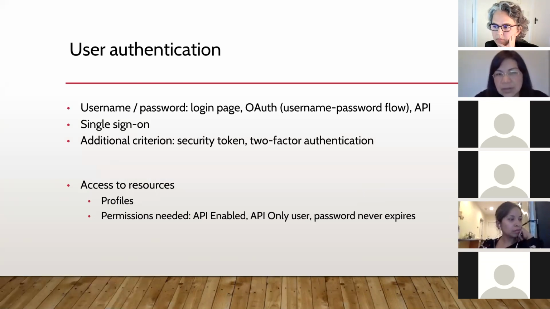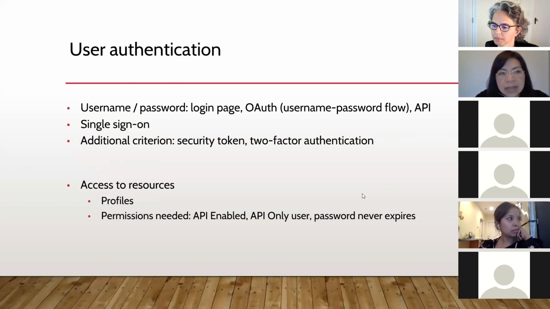For example, you can ask that the user provides a security token or a two-factor authentication. This can be seen sometimes when you are a user in Salesforce and you are sent a 4-digit security code that you have to type in to add authentication to this process.